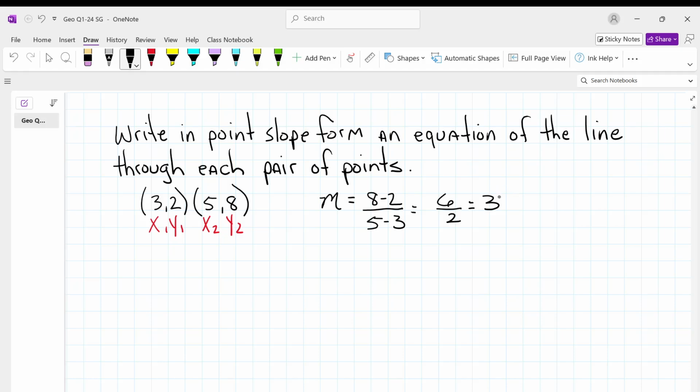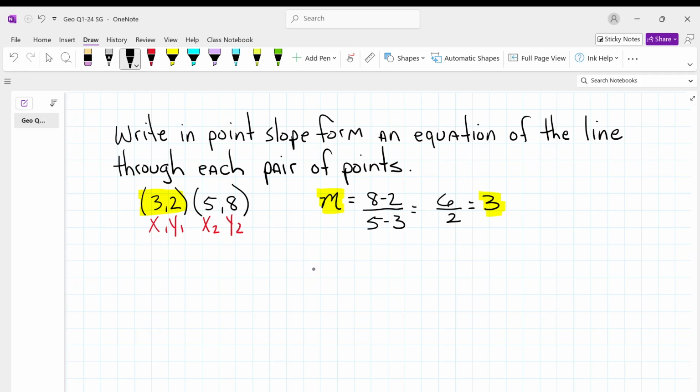Now we've got a slope, which is 3, and we've got 2 different points. You can use either point to write the equation, but today, for consistency's sake, everybody use the first point that's given. You're going to find the slope, which we just did, and use the first point given in the problem to write your equation.